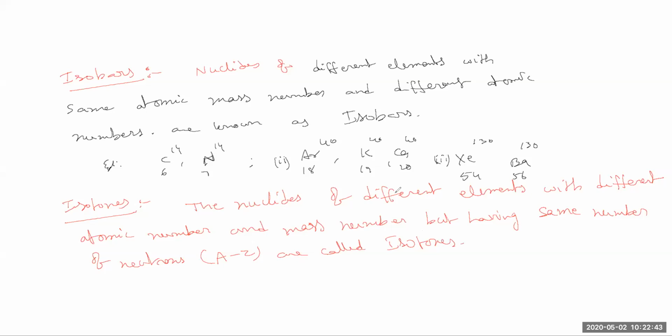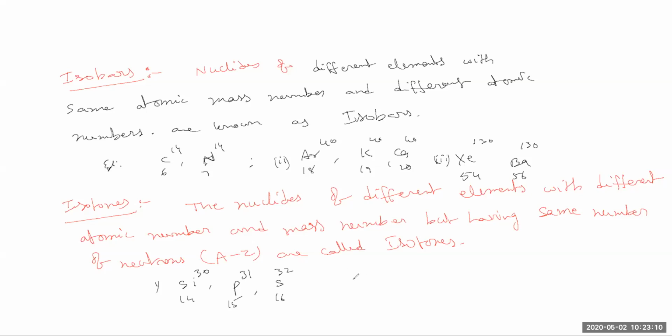Now, what are the examples? Take examples. Silicon 14 30, phosphorus 15 31, sulfur 16 32.